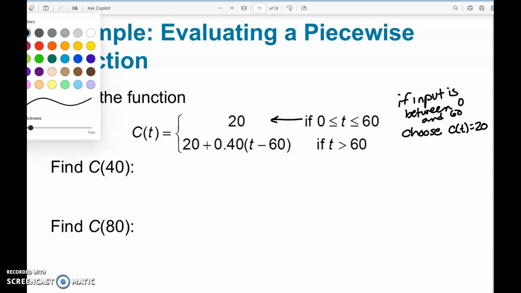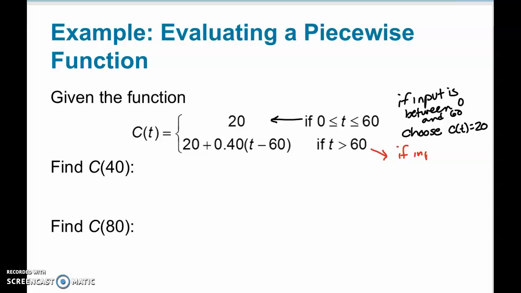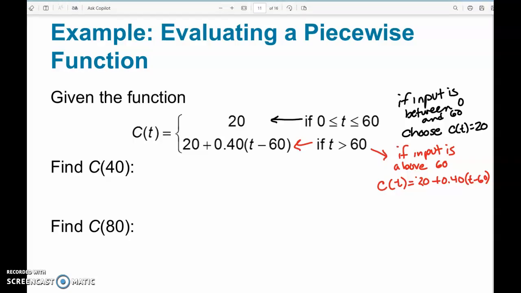If the input is above 60, so if your t value is above 60, then you are going to choose this function. So you're going to choose this one, and you're going to plug t in and get an output. So let's do it for this problem. It says evaluate or find c at 40.